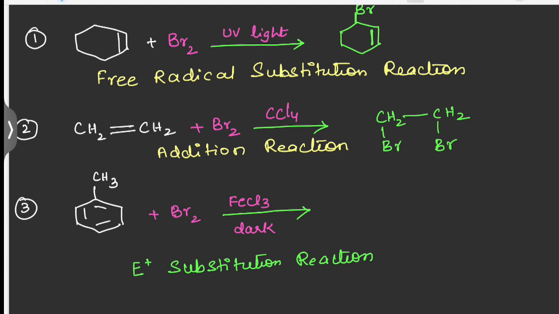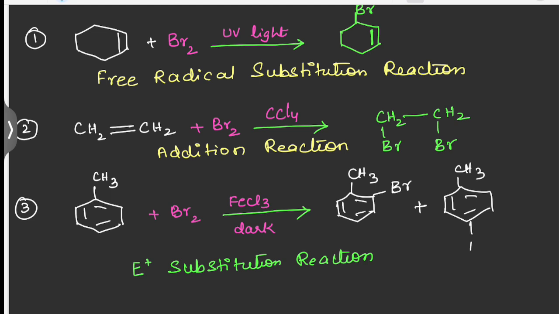So here the product will be like this. So one bromine at the ortho position and CH3, and one bromine at the para position. So these are the products which are formed.